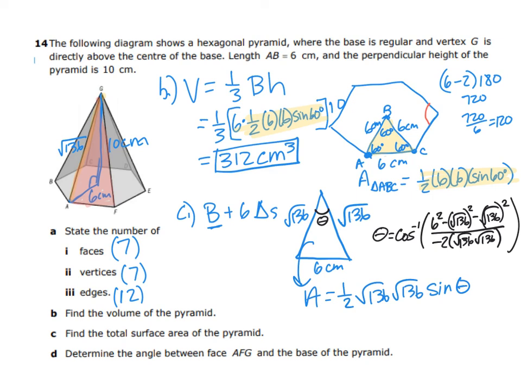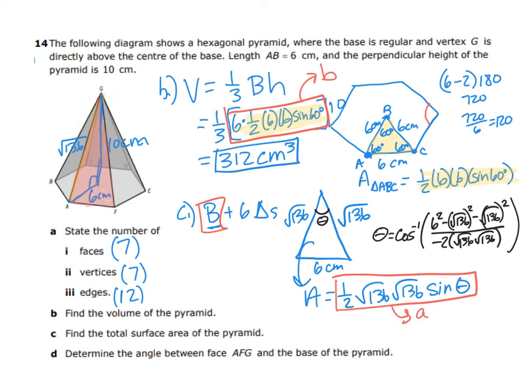Remember capital B? Capital B would be this right here, 6 of those yellow triangles, plus I need 6 of these. Let's give this a name. I've already used capital B, so let's just call it little b, and I'm going to call this little a.